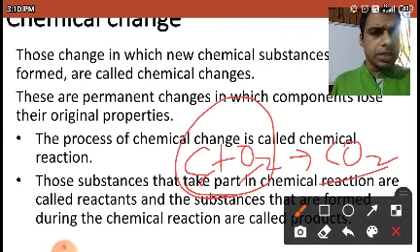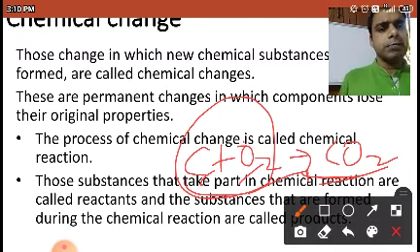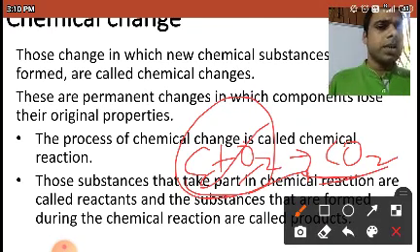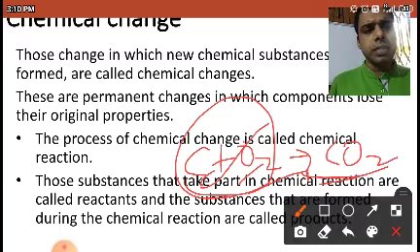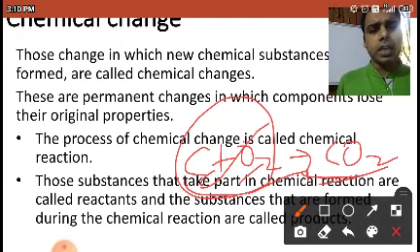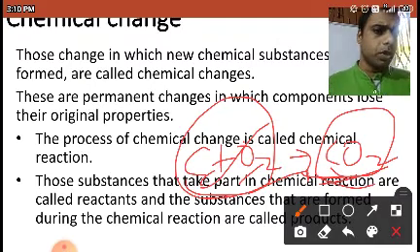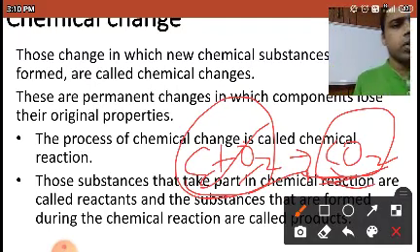The left hand side of the arrow is the left side, and this one is the right side. These participants, which take part in the chemical reaction, are called reactants, and the newly formed substances are called products.